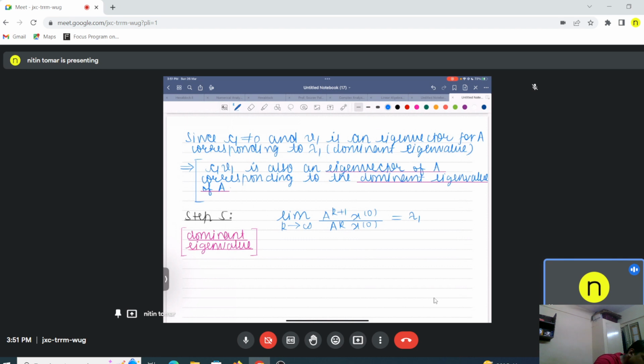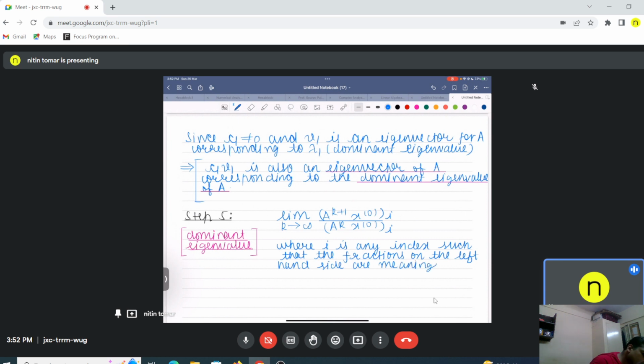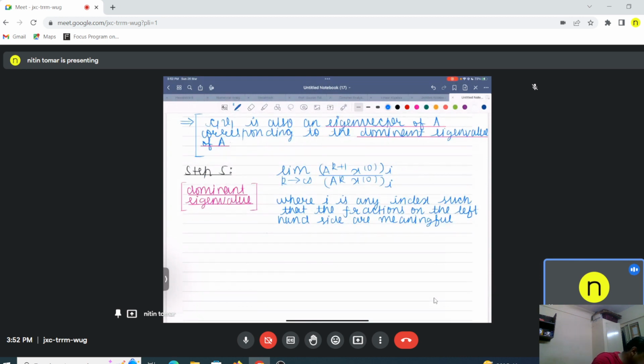Yeah, and the problem will be when this can be 0, so we just take any index i, where i is any index such that the fractions on the left hand side are meaningful, and this is possible when the denominator is non-zero, and that is when x naught does not belong to the union of kernel A^k, right?